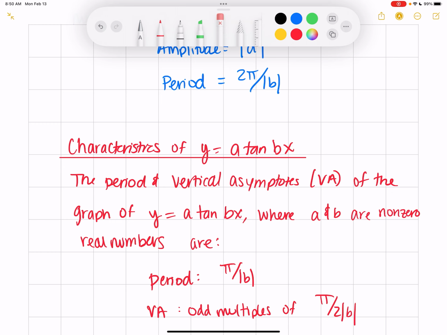All right, so like I said, I modified the instructions for this section just because of the nature of it. It says to graph. We don't do that.